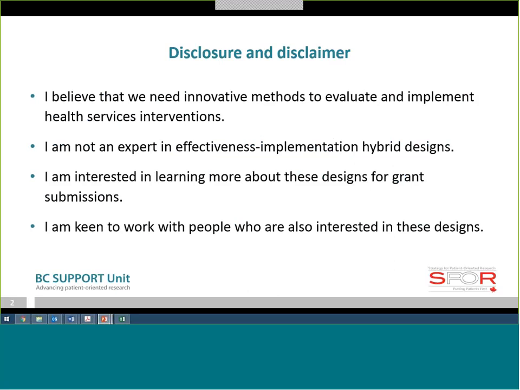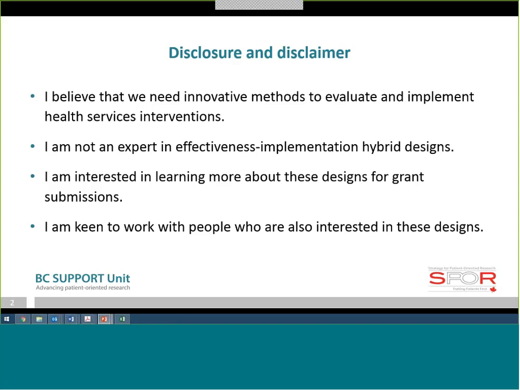So a bit of disclosure and disclaimer. I firmly believe that we need innovative methods to evaluate and implement effective health services interventions, and that's what attracted me to this innovative set of designs for evaluating effectiveness and implementation interventions at the same time.